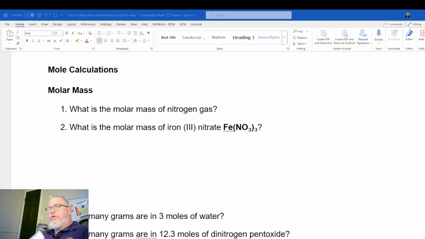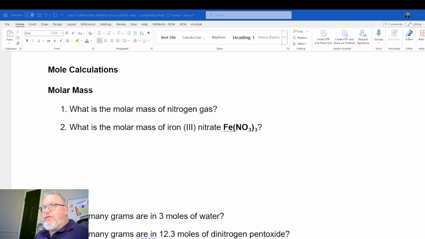And our key thing we're going to use is our periodic table, because the molar mass of an element, 1 mole of carbon has a mass of 12.011 grams because you have 6.02 times 10 to the 23rd atoms, and an atom has 12.011 AMU. So it makes sense that a mole of that would be that many grams. There's another way we can do it, but let's just accept it.